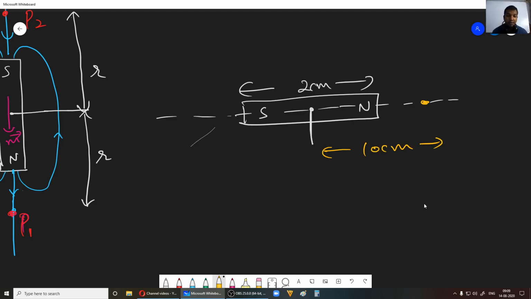Now you are also at a point which is 10 centimeter from the center towards the left.